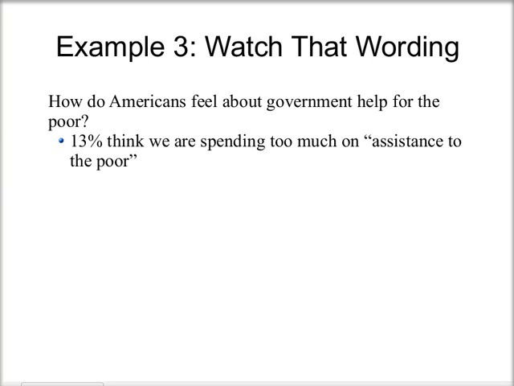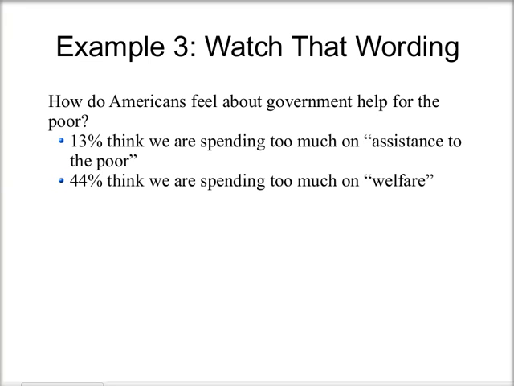Notice that assistance to the poor sounds pretty positive. Another survey asked if people think we are spending too much on welfare, and 44% of people thought that we were spending too much on welfare. So welfare has a more negative connotation, and a lot more people thought that we were spending too much on welfare than on assistance to the poor, even though those could be considered asking about the same thing.